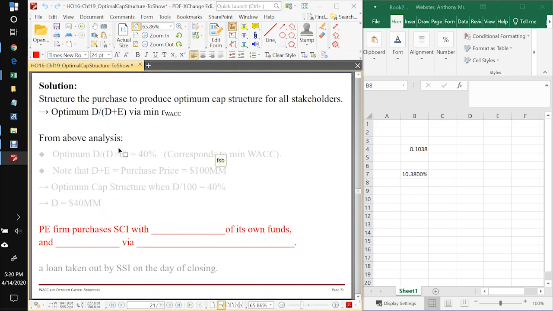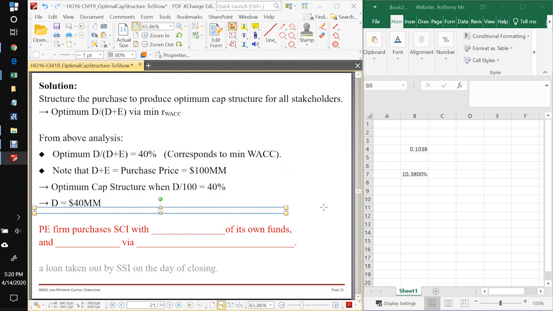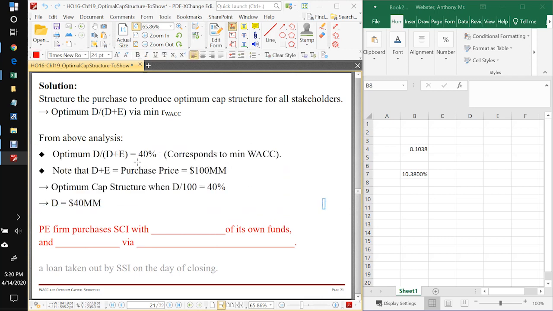So how has that worked here? We know that we want 40% debt to enterprise value. So we know that we're going to need a loan. The company is going to have to take out a loan of 40 million.